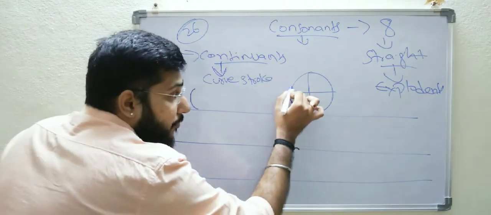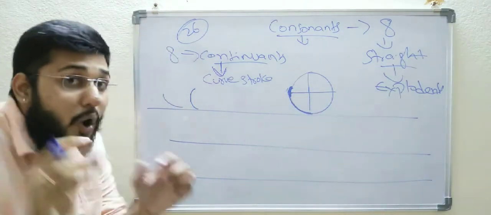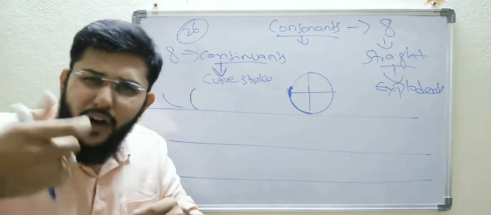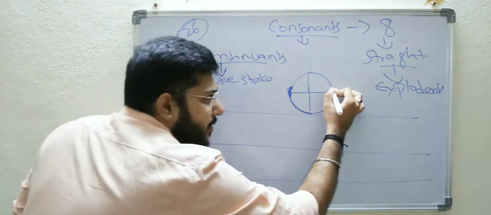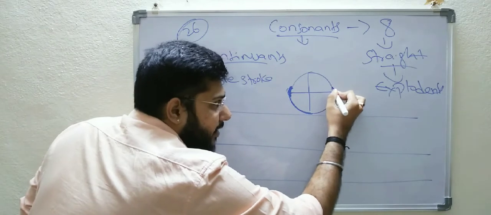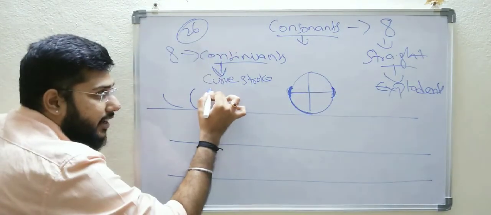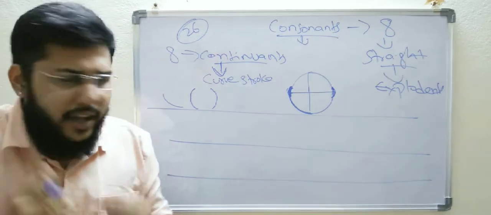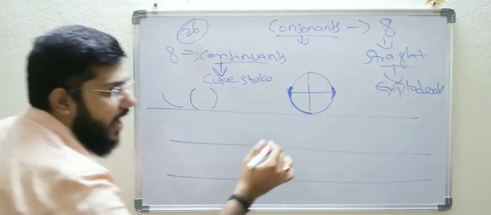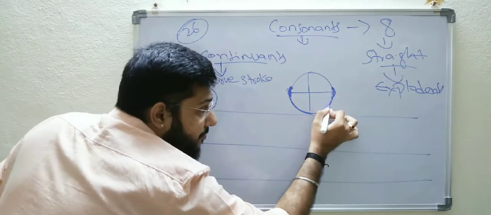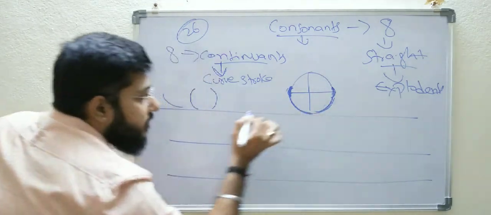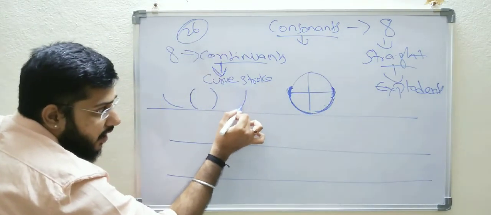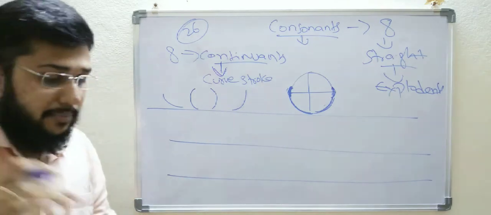If we are writing an open bracket stroke, there should also be a closed bracket, right? So this next curve is called a closed bracket. The next one we have is a closed half semicircle. This is another stroke, called a closed half semicircle.